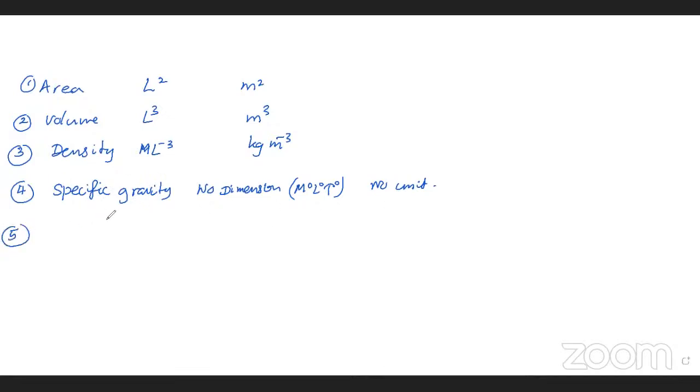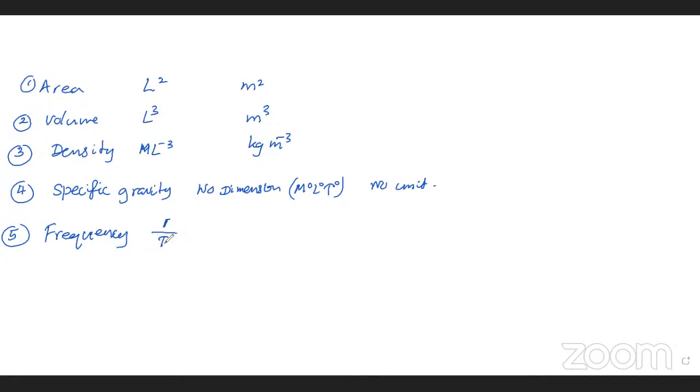And the fifth one, frequency. Frequency is the number of oscillations divided by the time taken. The number of oscillations is a pure number, so no dimension for that. And the time taken has the dimension of time.